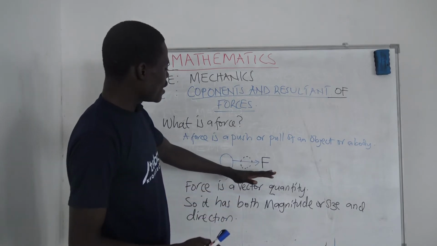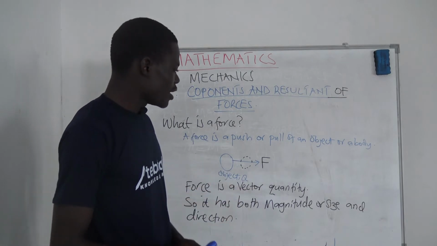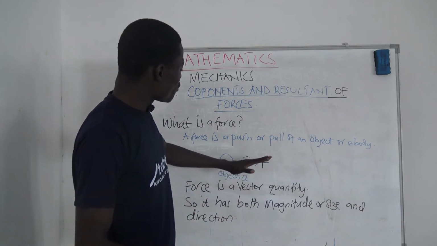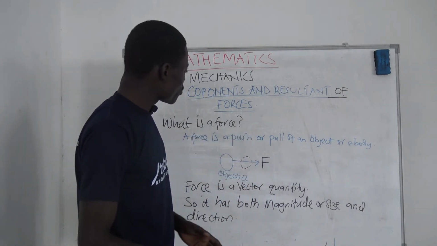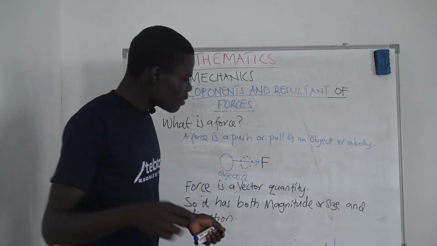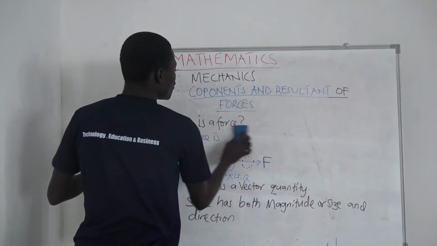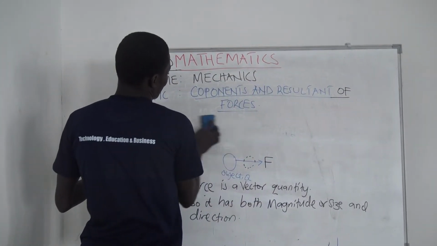This is slightly different from what we covered in O level. In O level, if they told you to calculate force, we would just calculate the force and stop there.